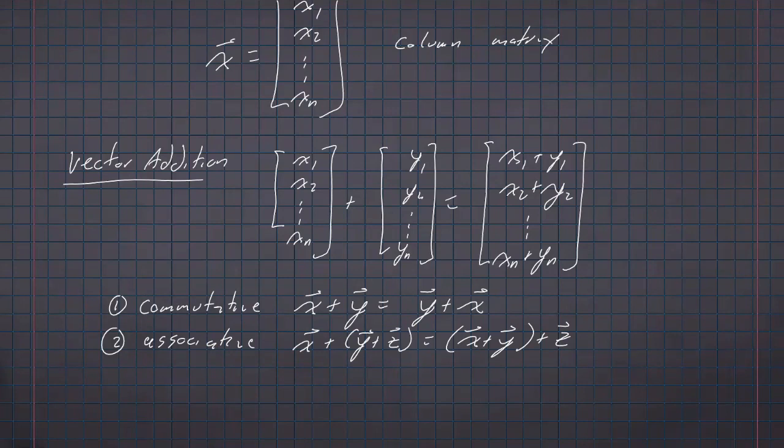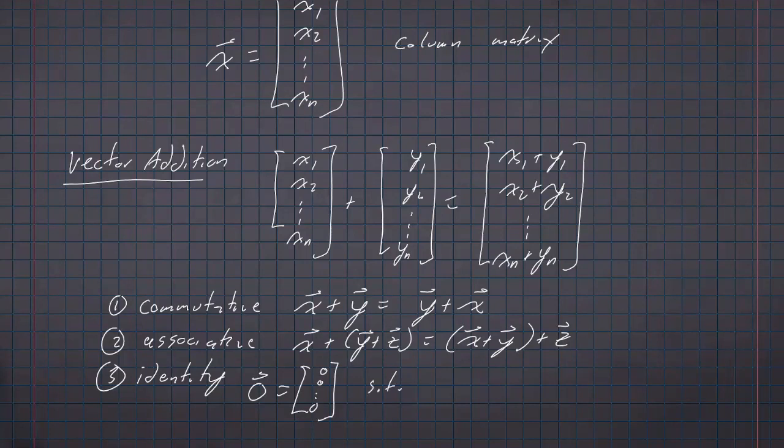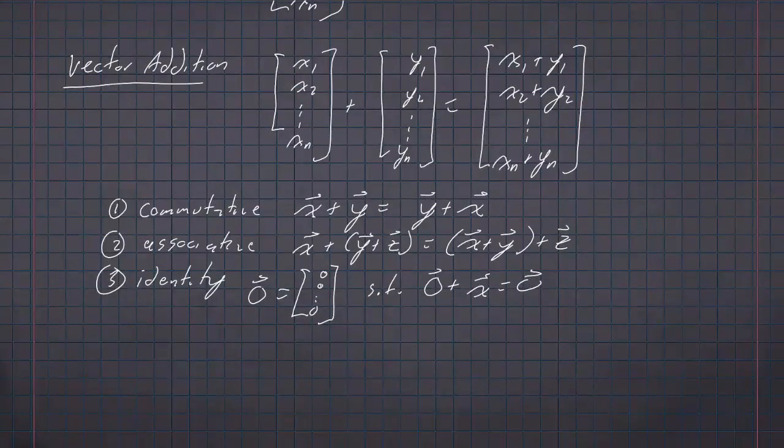We have an additive identity, the zero vector in this case, so that when you add them, you get x. 0 plus x is x.